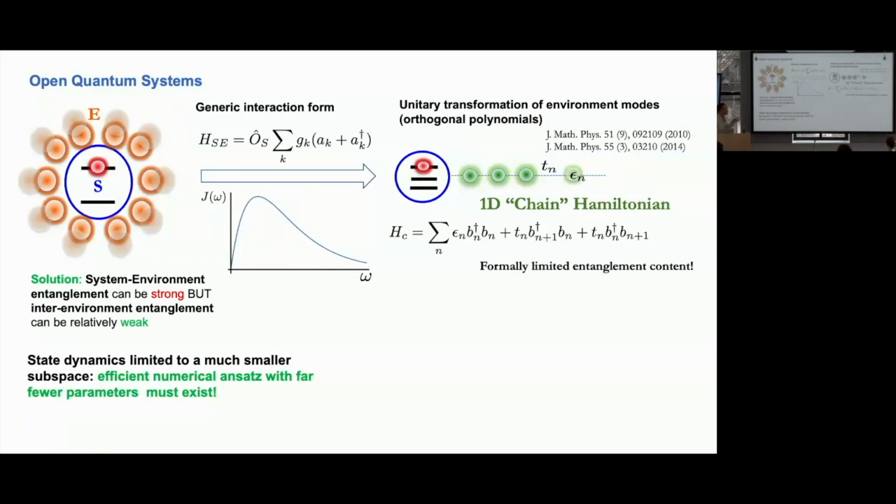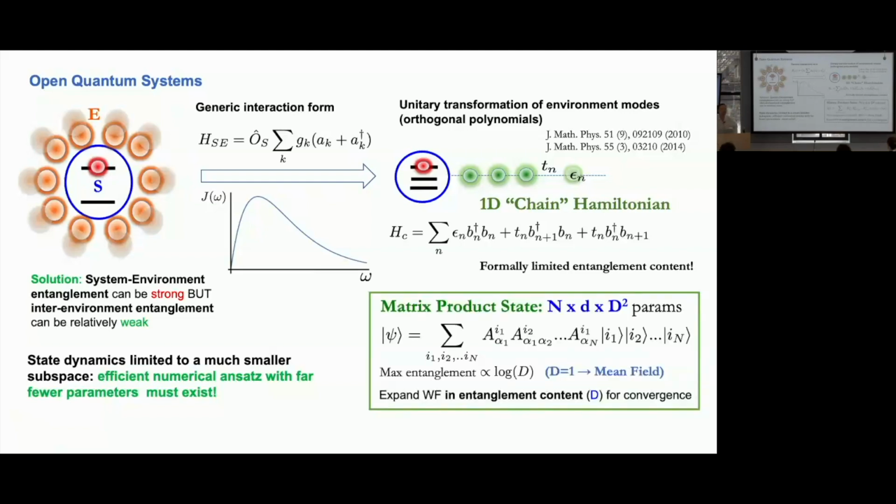But of course, that kind of Hamiltonian is 1D and short range, and so it's well known that, as long as they're gapped, they have limited entanglement and non-extensive entanglement content. They can be very efficiently described, statically for ground states and for dynamics, by matrix product states.